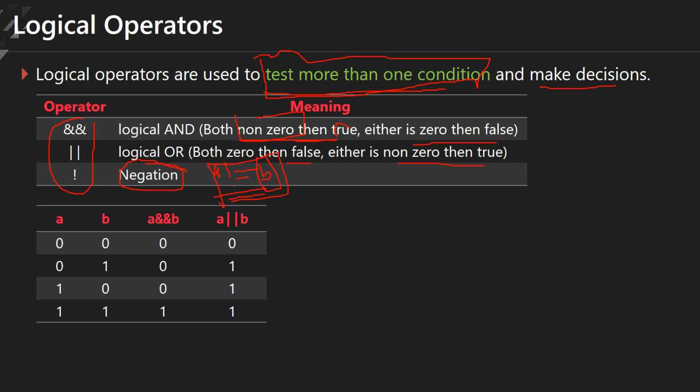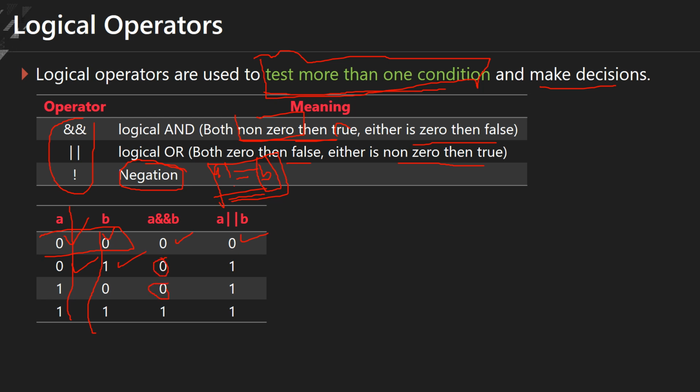Look at this, where A has a value and B has a value. When A is 0 and B is 0, then both are 0, so the result will be 0 for AND. For OR, it is the same. If A is 0 and B is 1, then the AND operator gives 0.